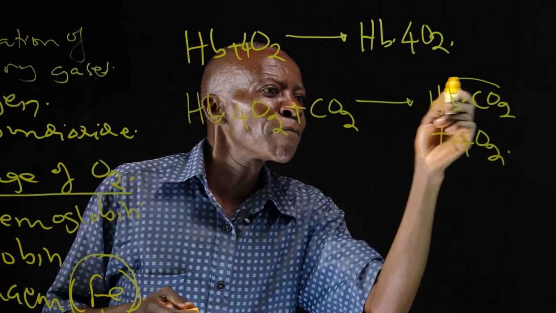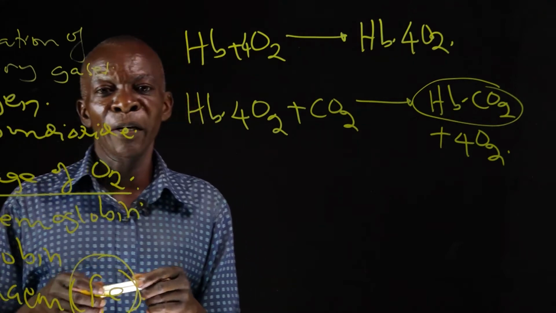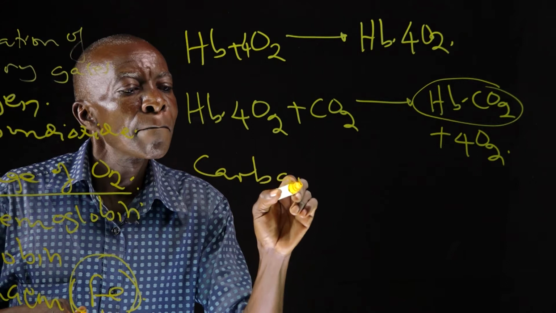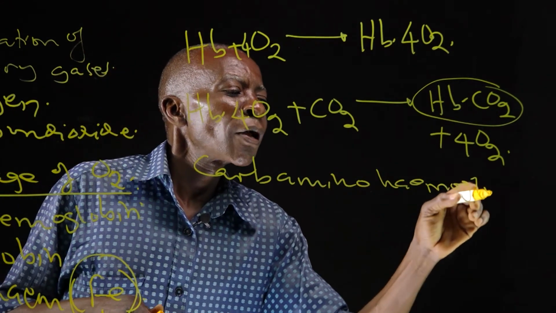The formed compound here is called carb-amino hemoglobin.